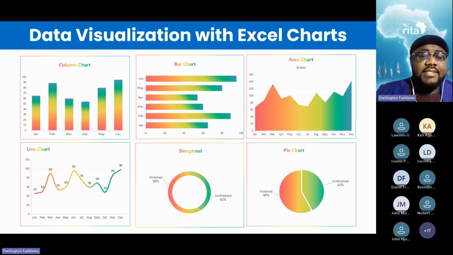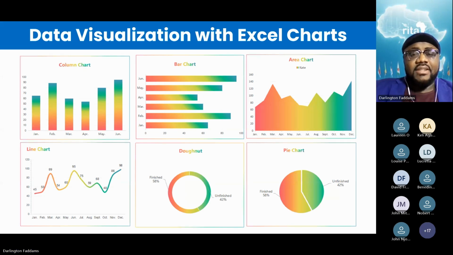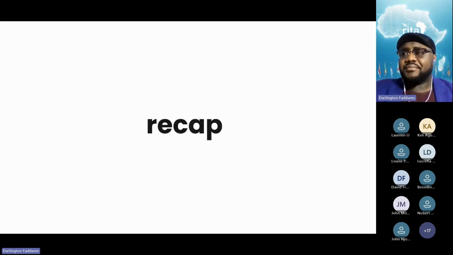Then we have the line charts, which we have already looked at, and we also have the pie chart, which we'll be looking at after we finish talking about these ones in detail.